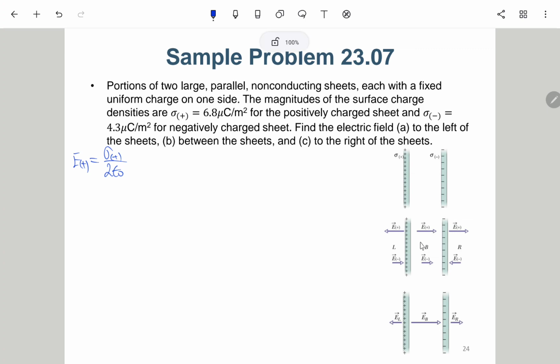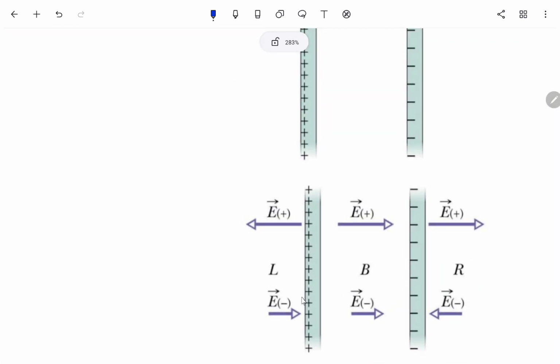The positive plate generates E plus on the left side pointing to the left, and E plus on the right side pointing to the right. The negative sheet generates E field pointing to the right on the left of it, and E minus pointing to the left on the right side.